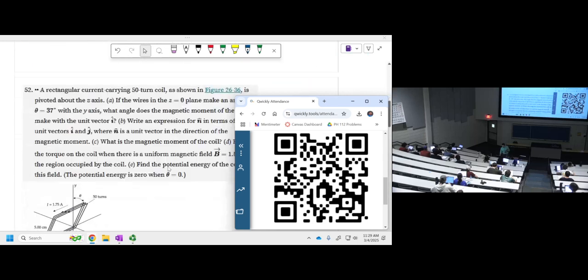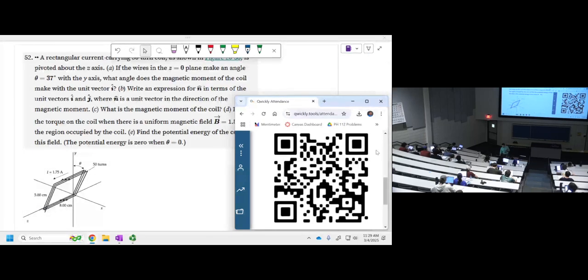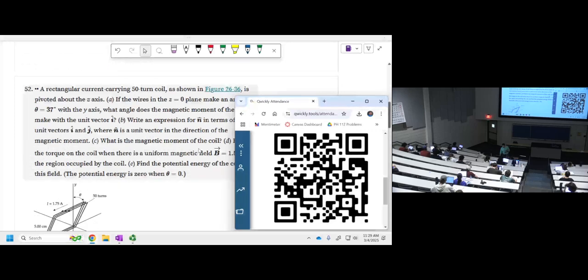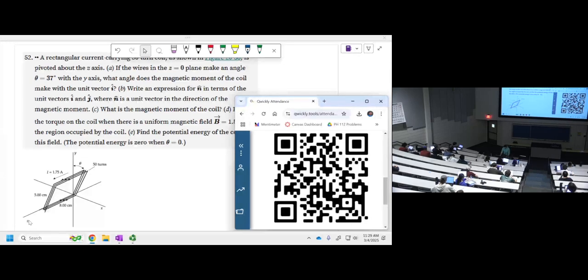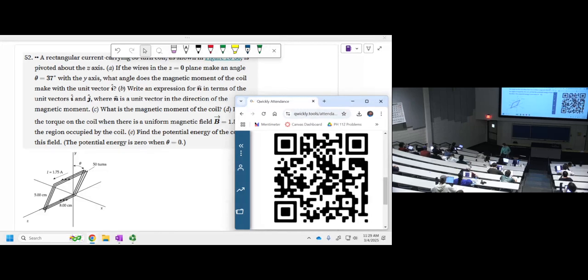Okay, next problem. A rectangular current-carrying 50-turn coil is shown in the figure and is pivoted about the z-axis. The z-axis, which lies down here, going into and out of the plane, if you will.